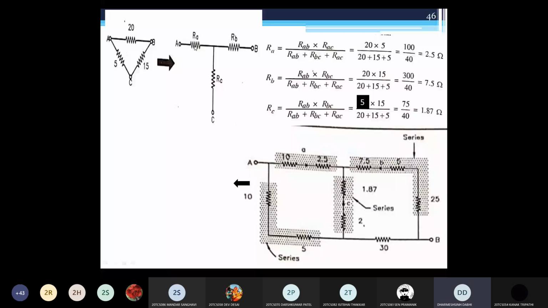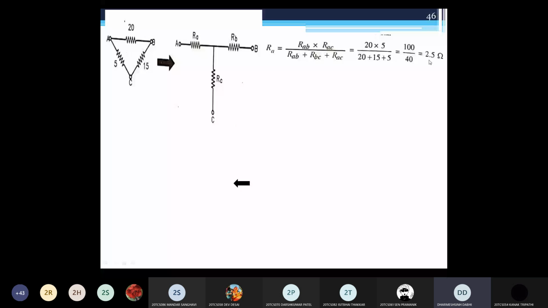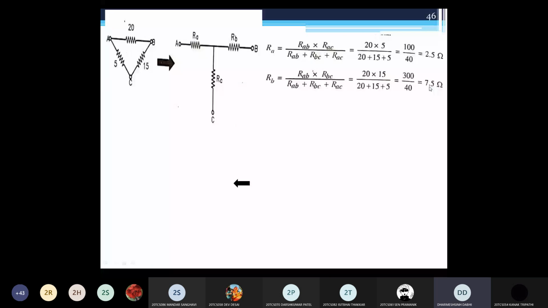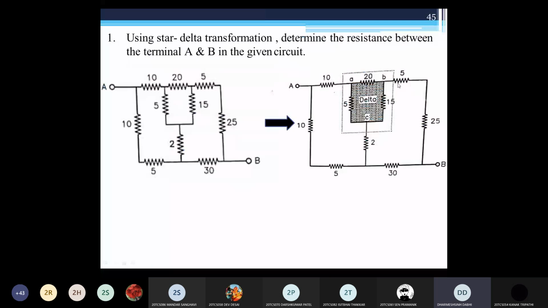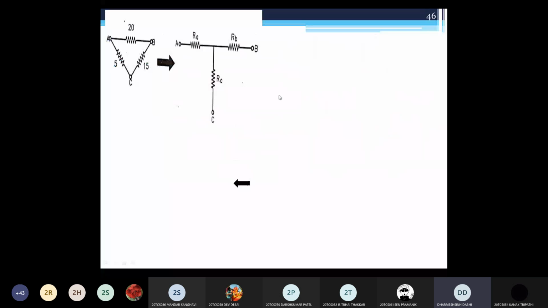In the same way, the point B resistance, 7.5, is connected in series with this 5 ohm. And the point C resistance, 1.87, is connected in series with this 2 ohm resistance.